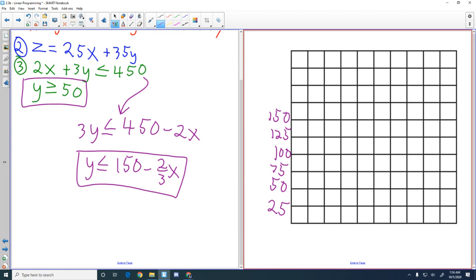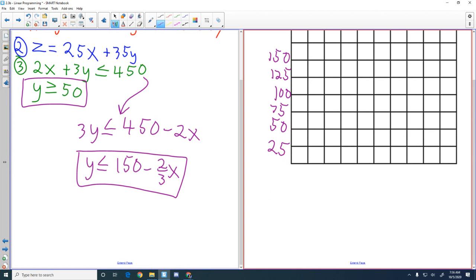So then it's going to be 25, 50, 75, 100, 125, 150, 175, 200, 225, 250. All right, so there's our graph ready to be scaled for optimization.